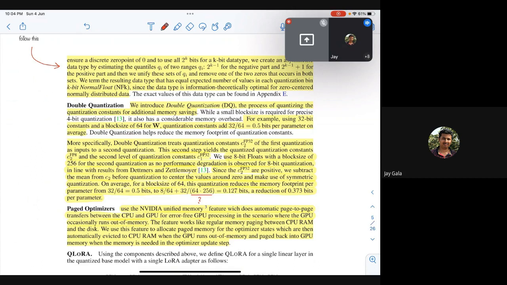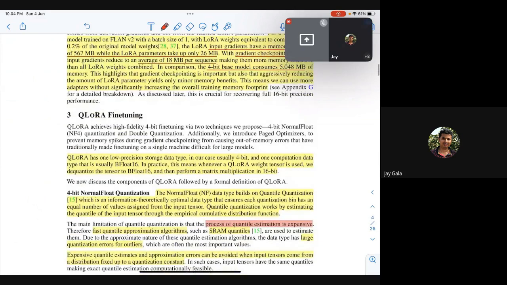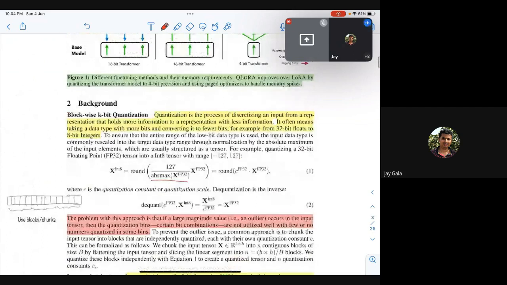So we had seen this quantity, right? Where, let's say this is a quantization constant, and what the authors do is this rounding of the original term, which ranges by the maximum value that it might incur.